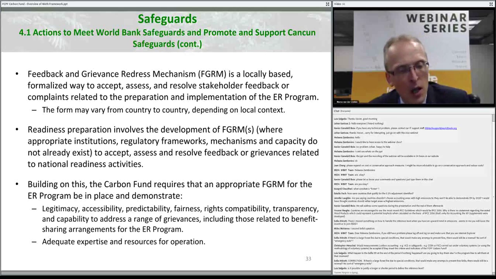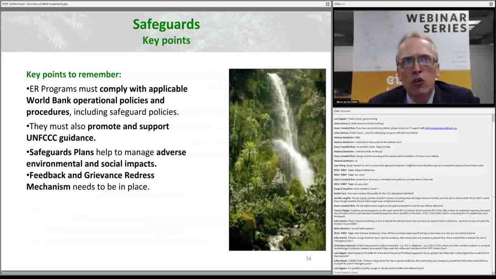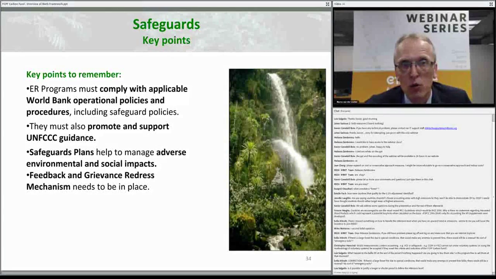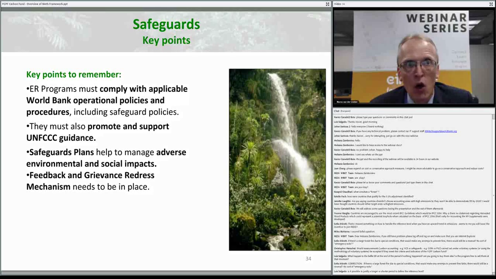And that also means that you need to show that there's adequate expertise and resources for operating that grievance redress mechanism. So, safeguards, key points: you need to comply with the World Bank safeguard operational policies and procedures, promote and support universal guidance, the safeguards plans that help to manage the impacts, and there needs to be a feedback and grievance redress mechanism in place.